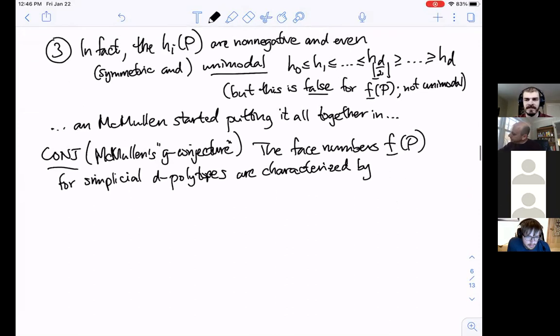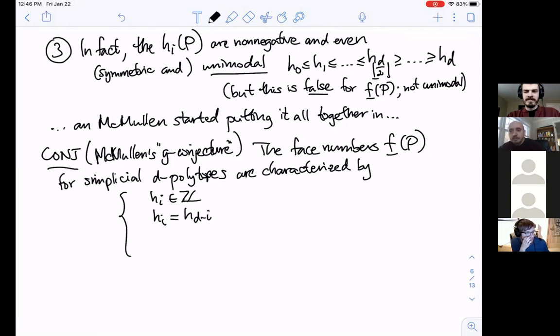What's true? Well, first of all, it's all phrased in terms of the h. The h_i are integers. That's going to be clear. The Dehn-Sommerville equations, h_i is equal to h_{d-i}, and then the most important one. He looked at these differences: h_0, which we know is a 1, right?